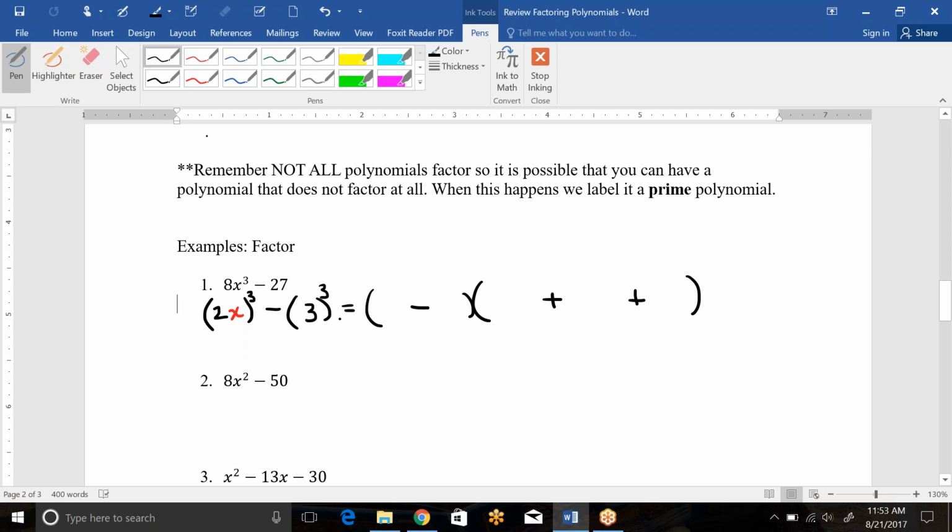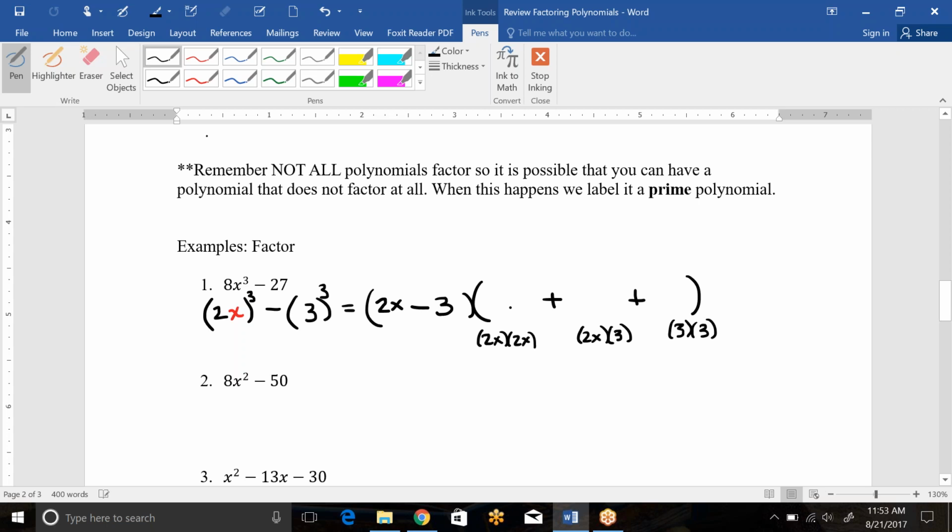These roots are going to help us figure out the rest of the pieces. So for the very first part in the binomial, you just write the exact things that were the roots. So this is going to be a 2x and a minus 3. For this, we do remember pairs of these two roots. So this is 2x times 2x and 2x times 3 and then 3 times 3.